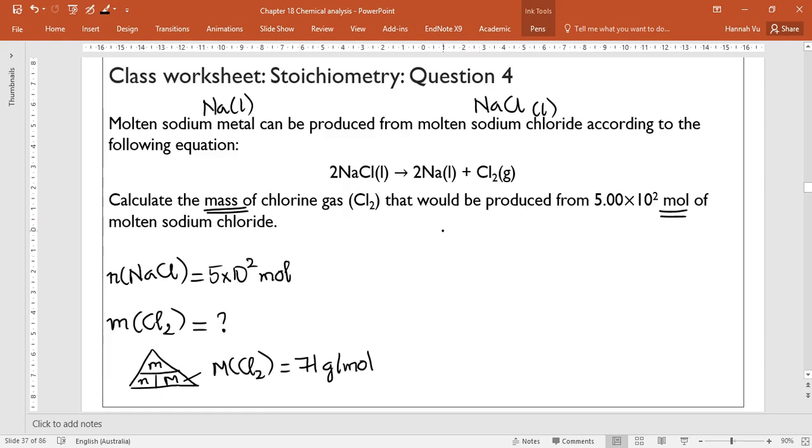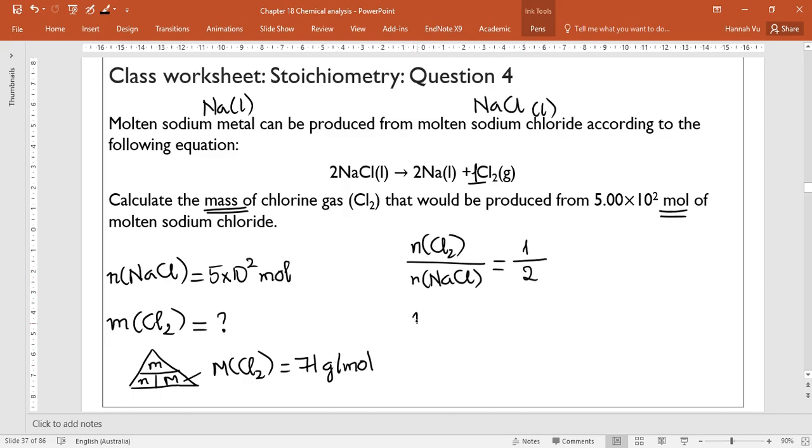All right, so again, from the equation, I can have the number of mole of chlorine. This is just a choice, you don't necessarily have to do it, but if you put the unknown on the numerator, then you should have an easier time rearranging the equation. The ratio between these 2 species for a complete reaction is 1 to 2. 1 Cl2 is required, will be produced from 2 mole of sodium chloride.